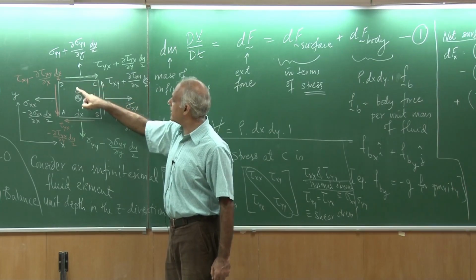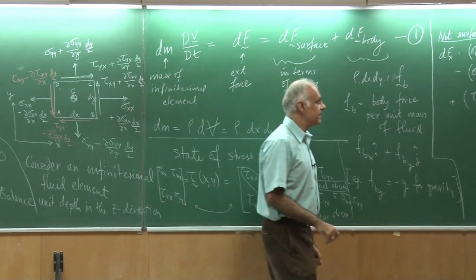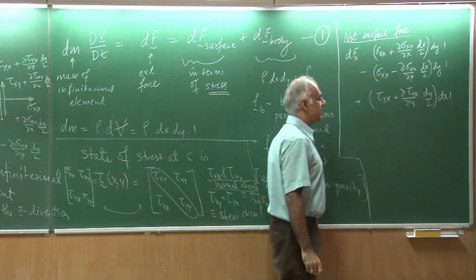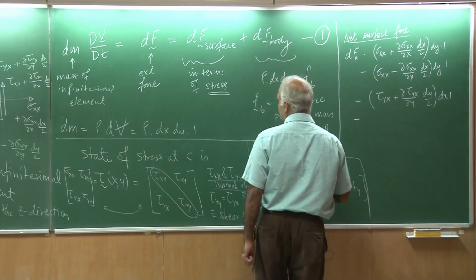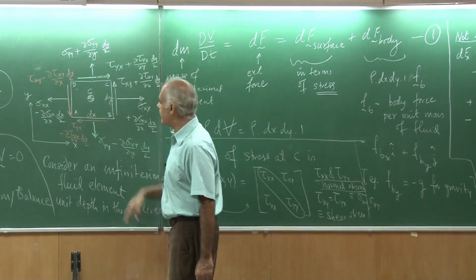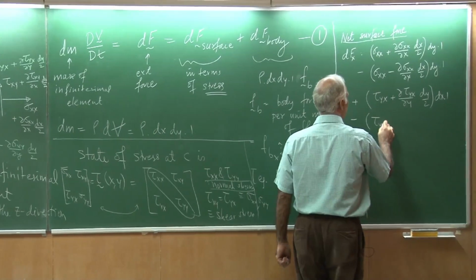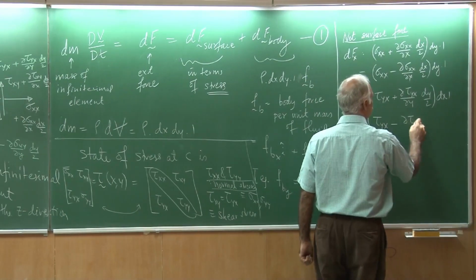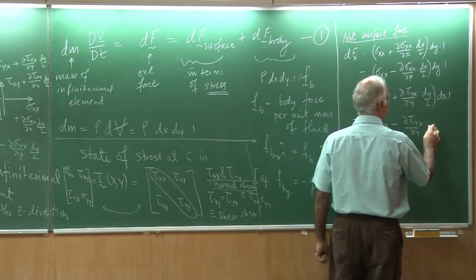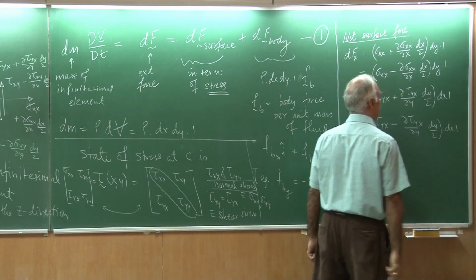That would be this distance dx times a unit depth, which is 1. So I am going to put here dx times 1. And then finally this one over here, which is tau yx minus del tau yx by del y dy by 2 times dx times 1.